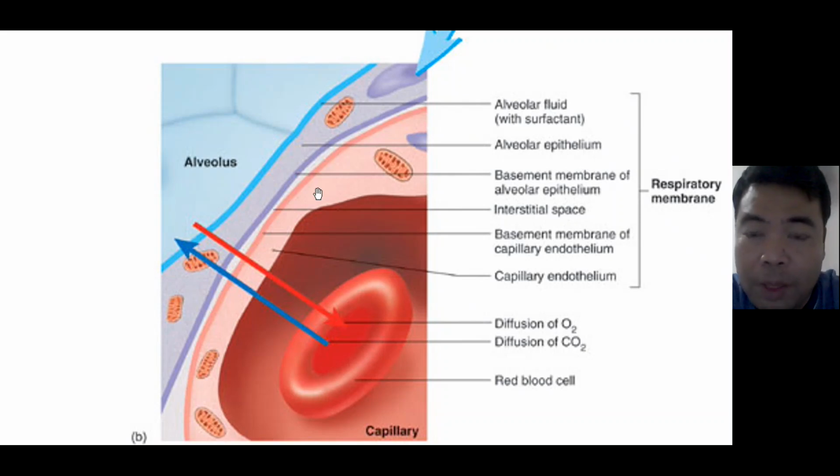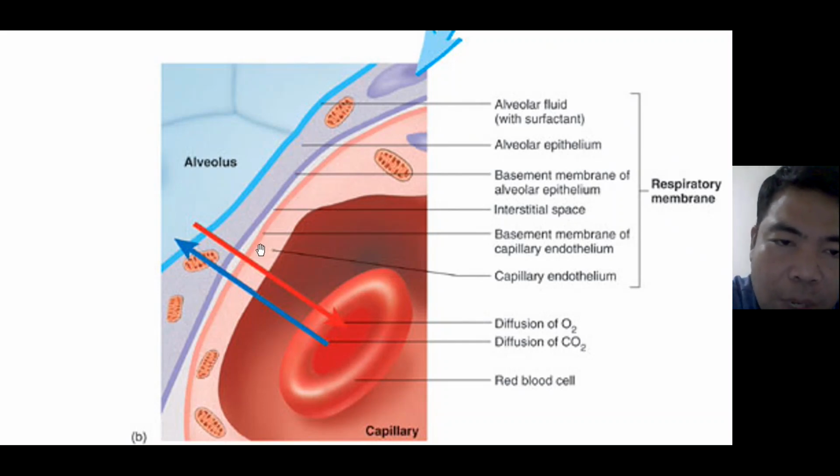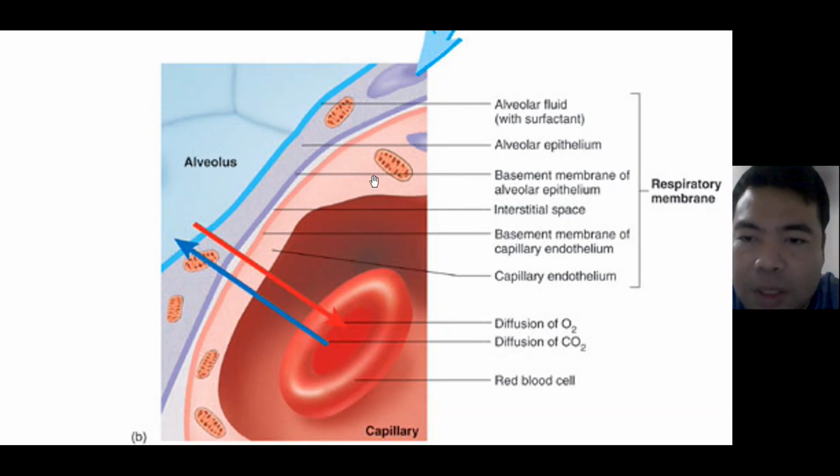So therefore, if it is an epithelium, there should also be a basement membrane. That is why, sa ilalim niyang epithelium na yan, meron ka pa, yung kulay red na to, na mas matingkad. That's the basement membrane of the capillary endothelium.